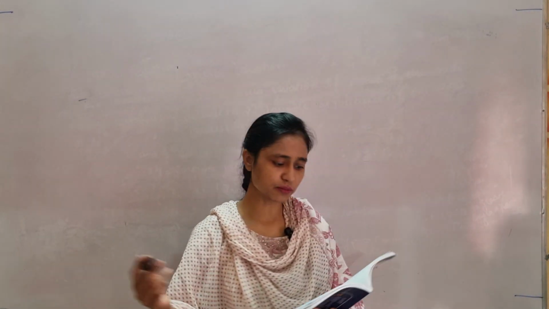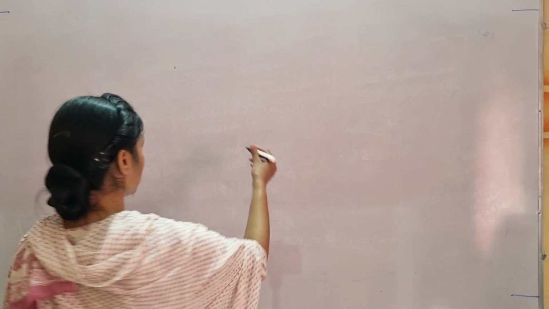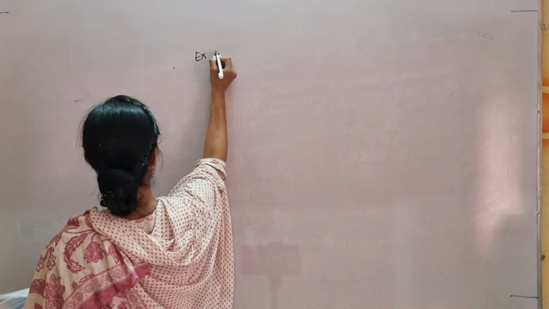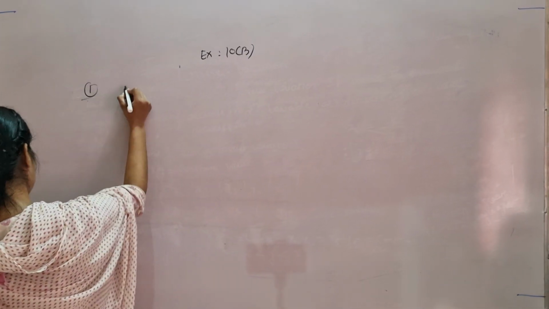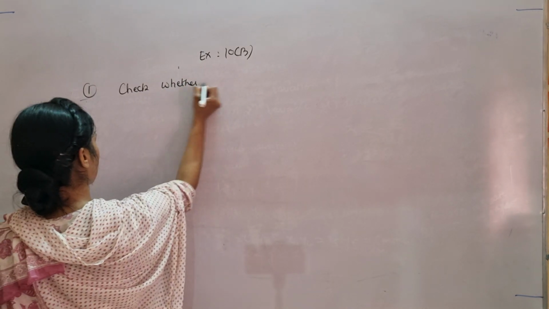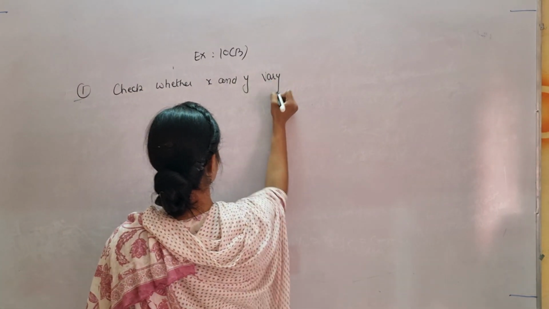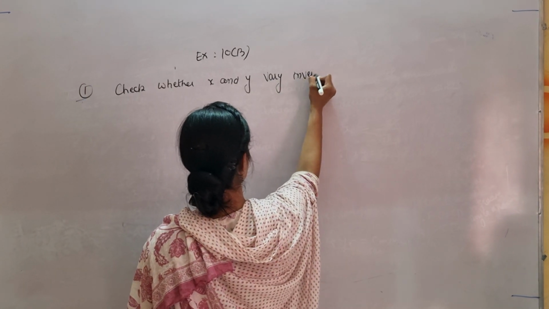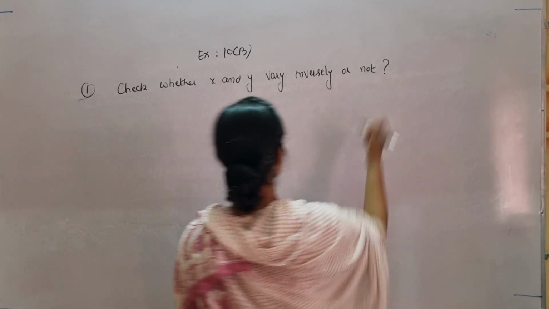See the very first sum, exercise 10B: check whether x and y vary inversely or not. You will have to check.